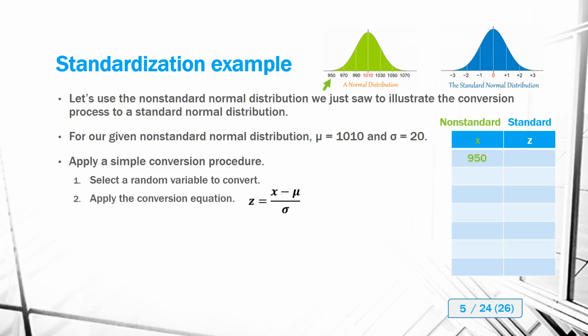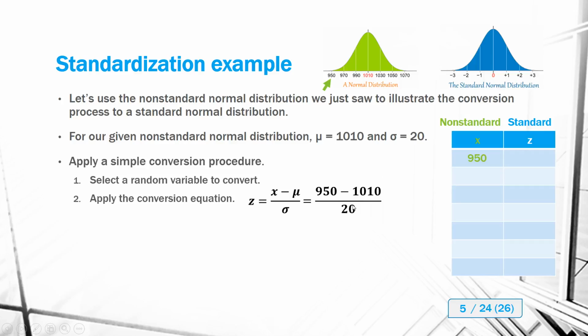Here's our conversion equation. We're going from the non-standard to the standard. So our conversion equation is z equals x minus mu over sigma. Plug in what we know. Our random variable, that's our x, that comes from our non-standard normal distribution, it's 950. The mean is 1010, and the standard deviation is 20.